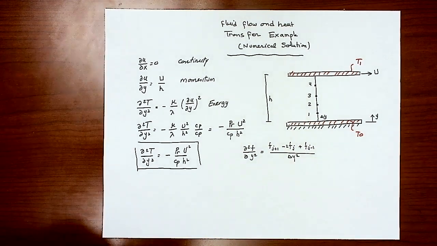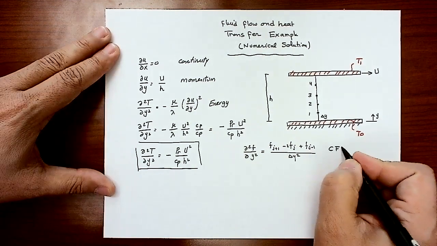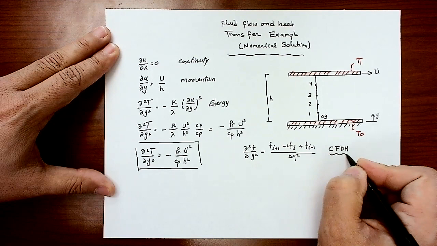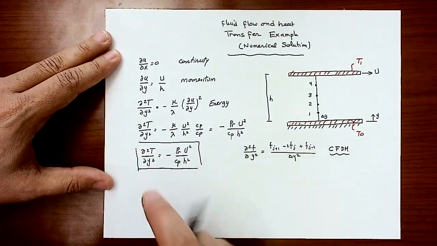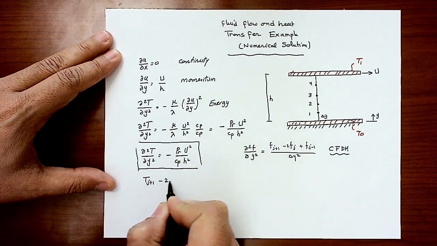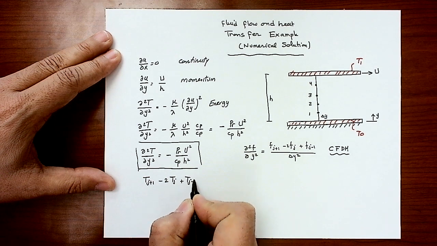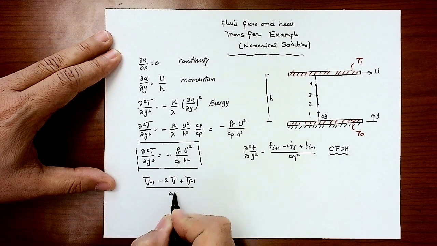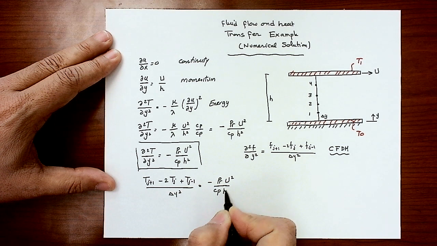That's the approximation of the central finite difference method for the second derivative. So what I can do, I can actually substitute into that left-hand side. So I will have T at j plus 1 minus 2 Tj plus T at j minus 1 divided by delta y square should equal minus Prandtl number u square over Cp h square.